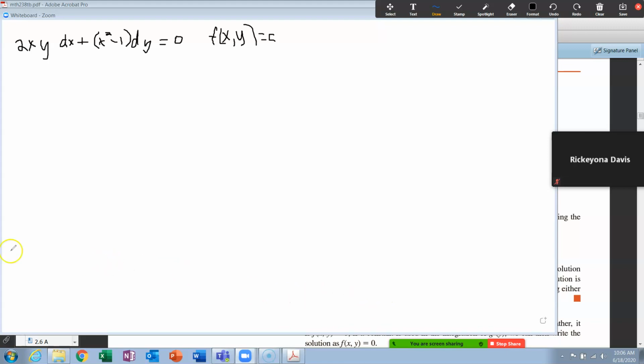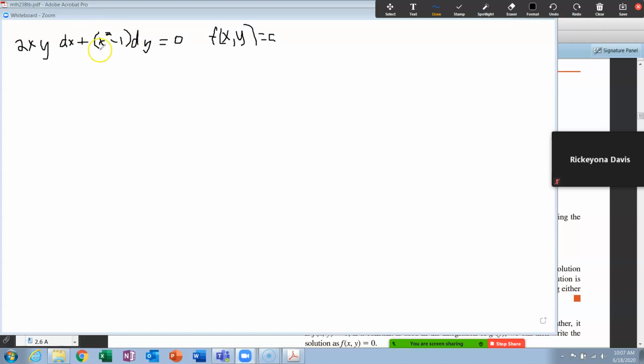This is not necessarily how every exact differential equation will look. If it doesn't look this way, you need to make it look this way. You write it in differential form, okay? And notice this is a function of both x and y. This one happens to be only a function of x.